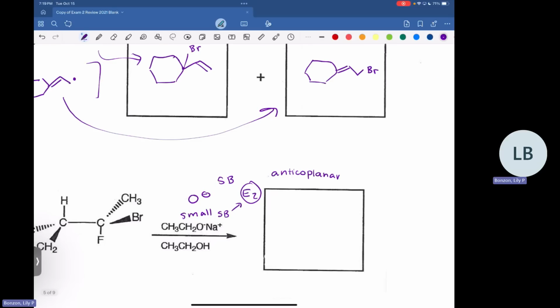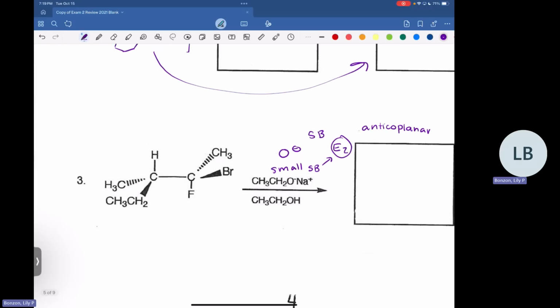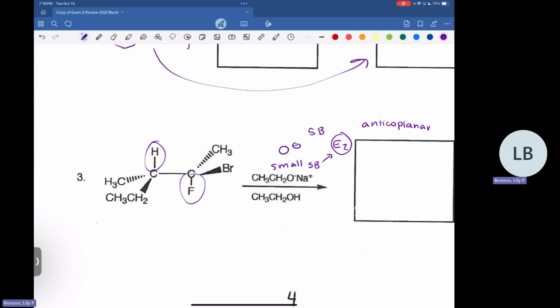That just means that we want the hydrogen and the leaving group to be opposite to each other on adjacent carbons. So we see that we have hydrogen and we have fluorine, a halide, and they're opposite to each other. This looks good at first, but spoiler alert, it doesn't work.